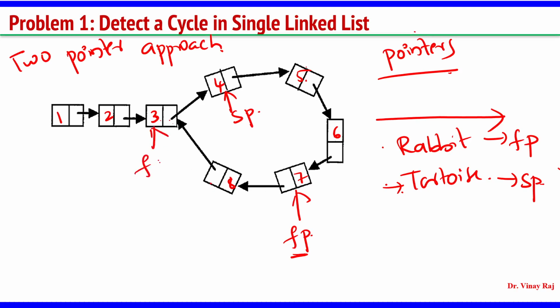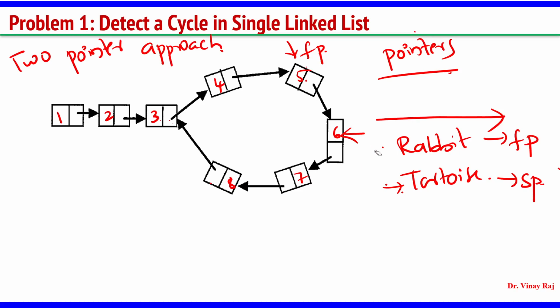Here is my fast pointer and here is our slow pointer. Next, the fast pointer will jump 2 steps and the slow pointer will jump 1 step, so the fast pointer comes to this point and the slow pointer moves one point.